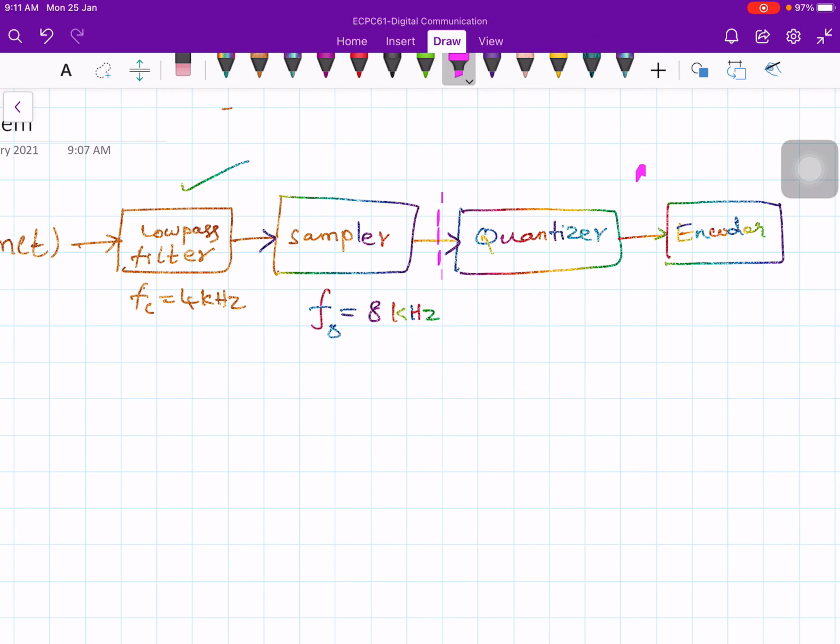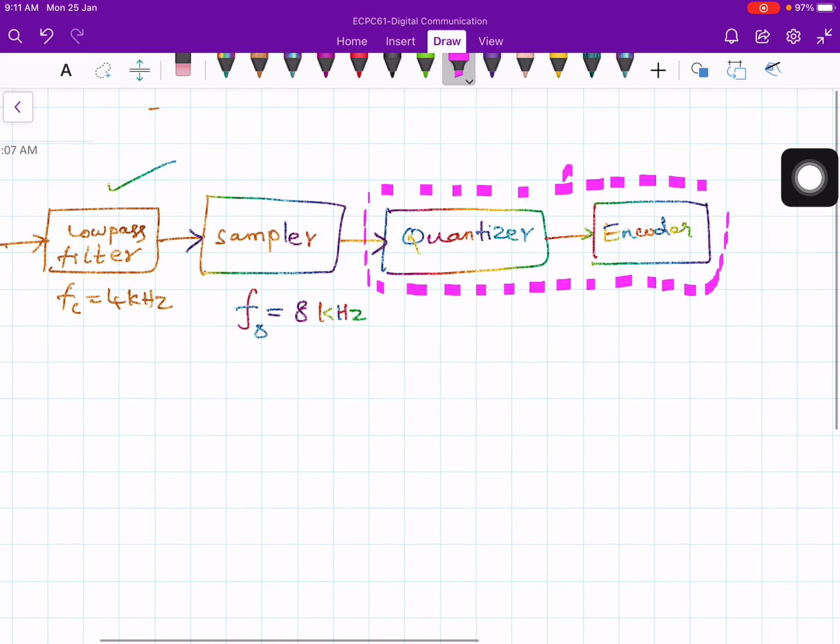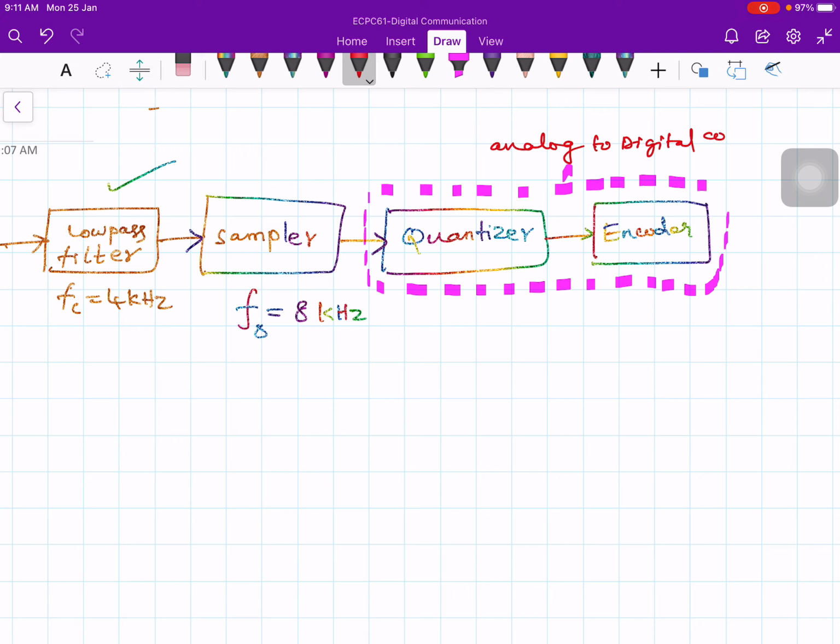The combination of quantizer and encoder is realized as one block, typically known by the name of analog to digital conversion, or A to D converter.